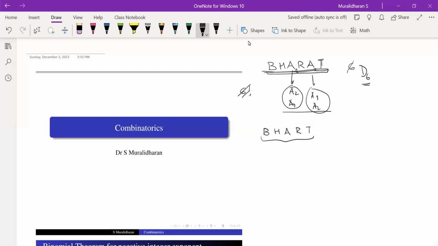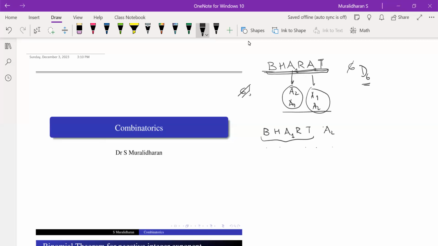Let's look at how many of them will have A1 not going to A2. Here I have A1 and this A2. If A1 does not go to A2, then below A1 there is no A2, so A2 is somewhere else.